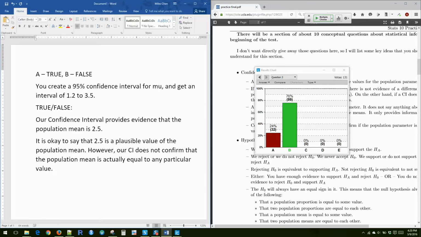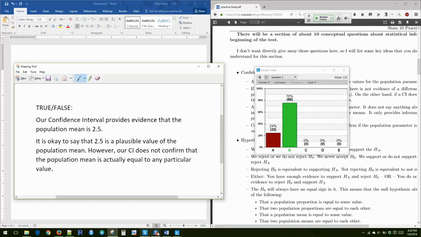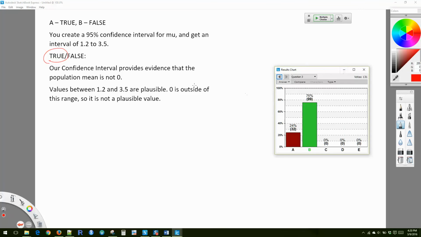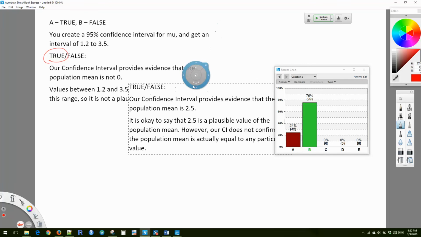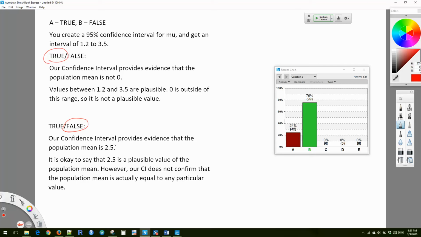So it just says 2.5 is a plausible value, but it doesn't confirm that it definitely is equal to that value. So for this one, the answer is false. Okay, so this is the explanation.